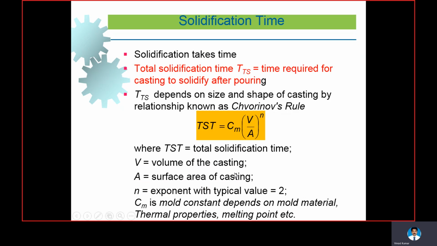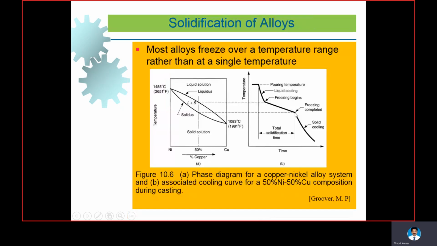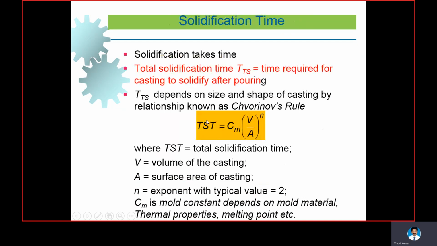An important equation we need to study here is total solidification time. As I explained, it is the time from pouring till the complete amount of liquid metal becomes solid. So total solidification time is equal to mold constant times volume divided by area, raised to n.